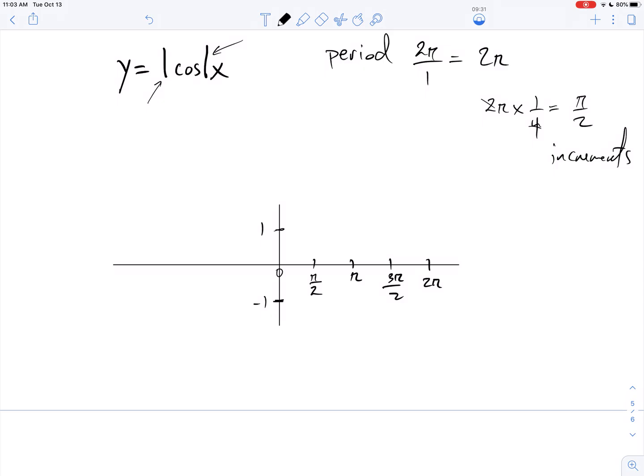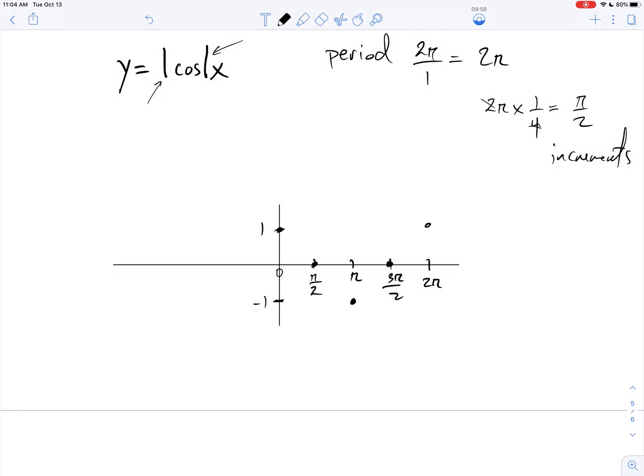So you know what? Let me just sketch this out. If you were to take your calculator right now, and remember it's in radian mode, I would say, what is the cosine of 0 radians? It would say 1. If I punched in the cosine of pi over 2, it would say 0. Cosine of pi, it would say negative 1, etc., etc. So you're going to hear me say this a lot.